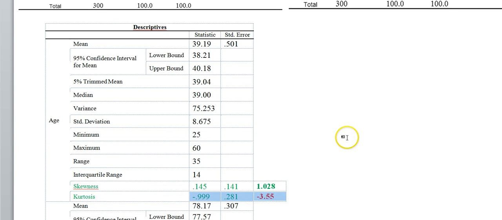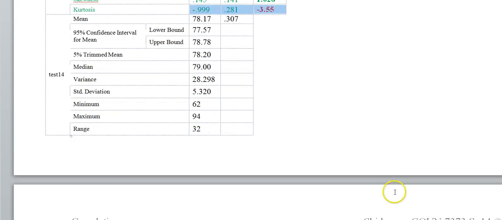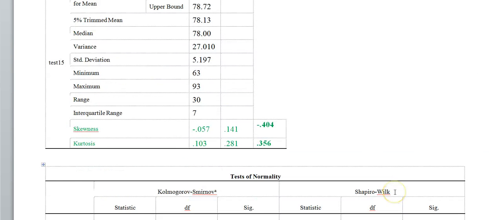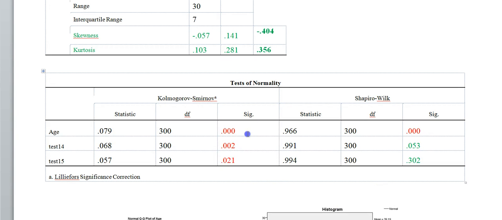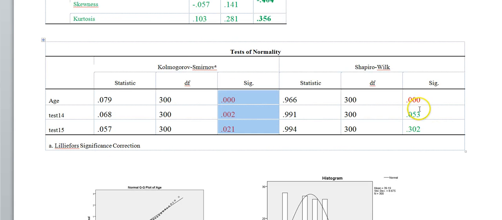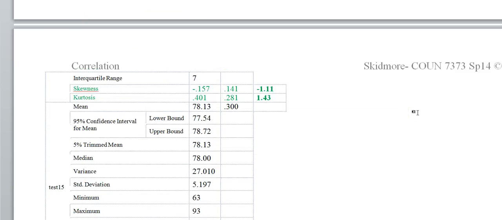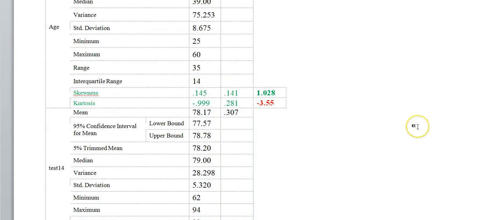So the two pieces of evidence that we have so far are telling us that age might not be normally distributed. The others seem to be okay, because again this one is very conservative, and so doesn't appear to be distinguishing among them.